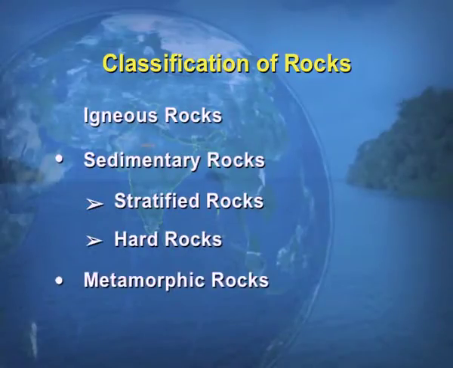Now, the third type of rocks is metamorphic rock. The word metamorphic is derived from a Greek word, meta, which means change. Morphic means form. So, change in the form is known as metamorphic rock. So, how does this change take place?